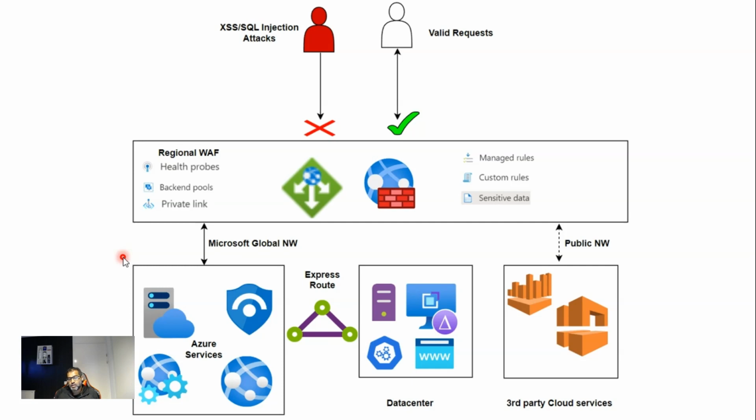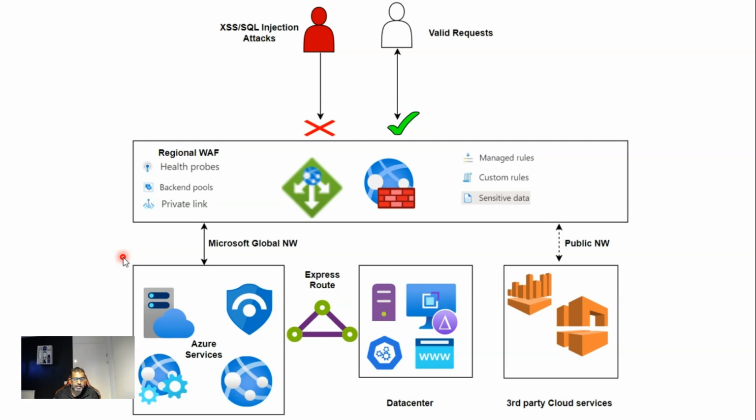Yeah, this is the overall picture of how it protects your environment, because nowadays all the environment is in a hybrid, and also they have a multi-cloud strategy. So in this case, you can use this web application firewall to protect your applications which is across the estate, like it's running in the Azure global network, it is on your data center, and also it's running on third party cloud services.